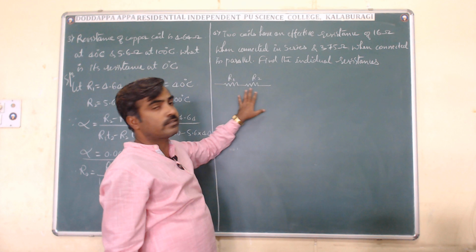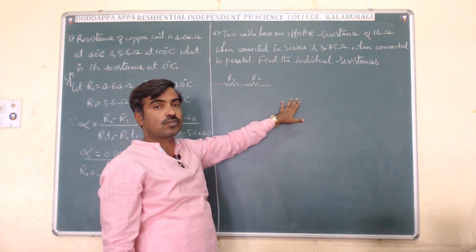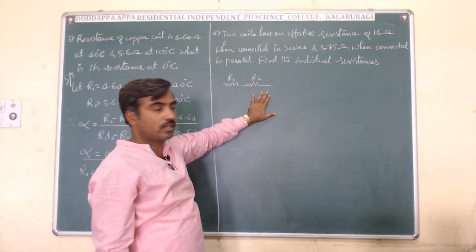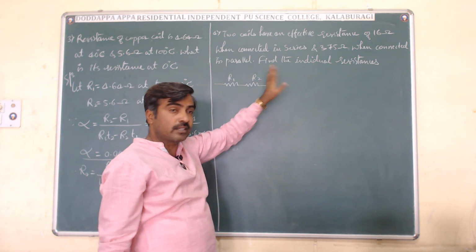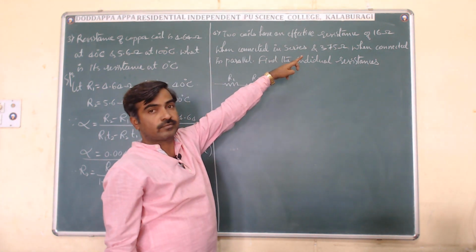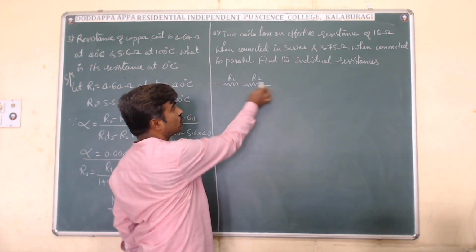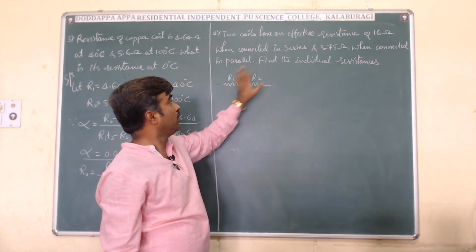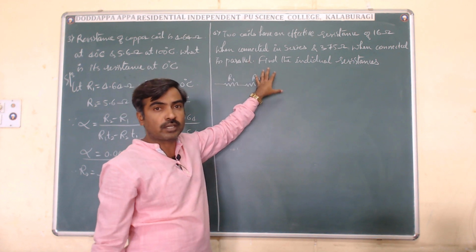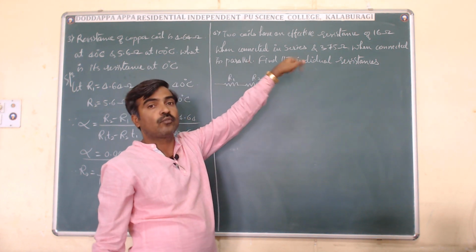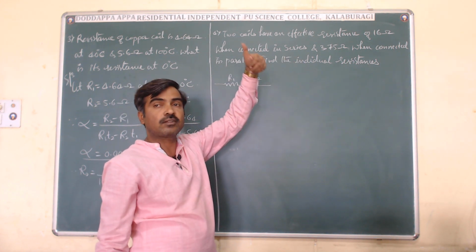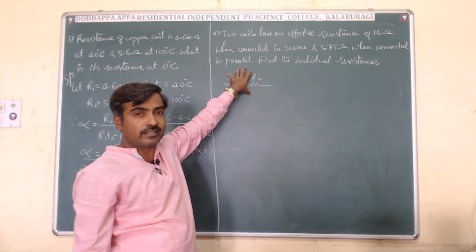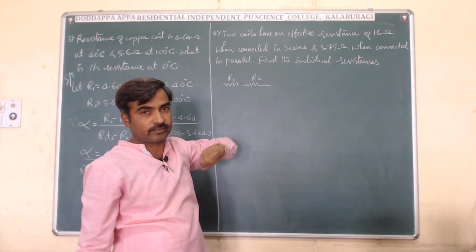When resistors are in series, the effective resistance is always equal to the sum of the individual resistances, that is R1 plus R2 is equal to 16 ohms, they have given. That is RS, the effective resistance. They have not given the R1 value or R2 value, only the final answer. When the two coils are joined in series, the effective resistance is 16 ohms.